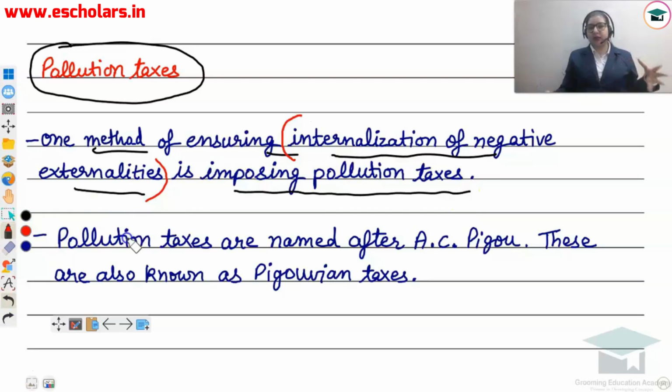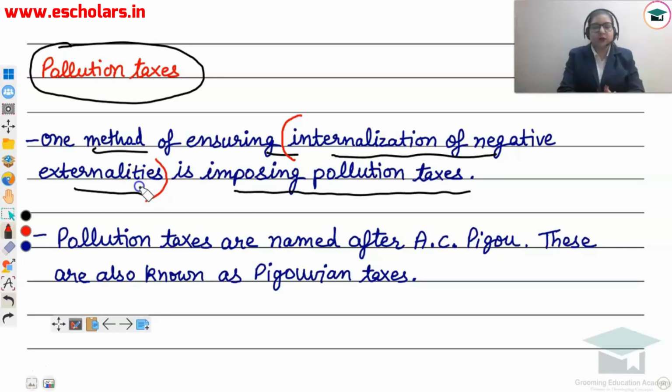As we have seen earlier, the cost created by the externalities is not considered by the firm in their income statements. So this is called no internalization of negative externalities.